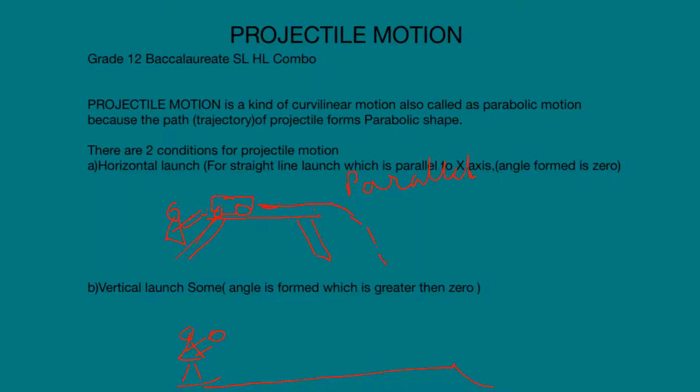Some angle is formed like this, here theta. So this is the angle. He is throwing this. It will go up and then after some time it will fall. This type of launch is called vertical launch. And instead of throwing it upward, if the person throws it downward, then also it is vertical launch. I will explain it to you.